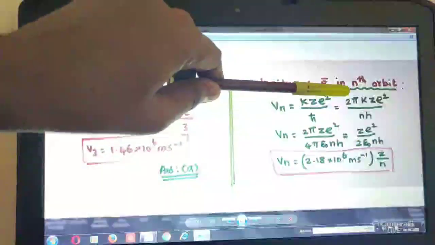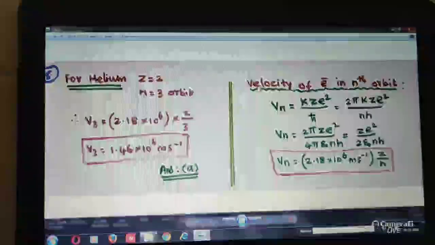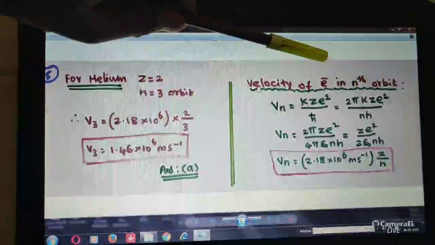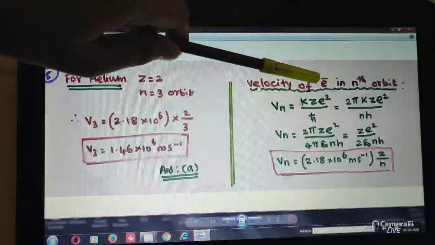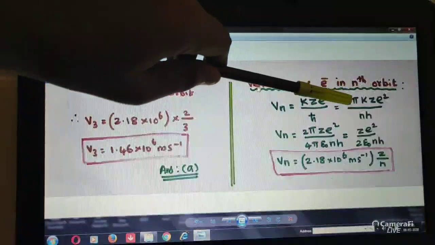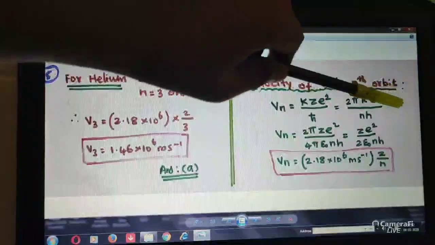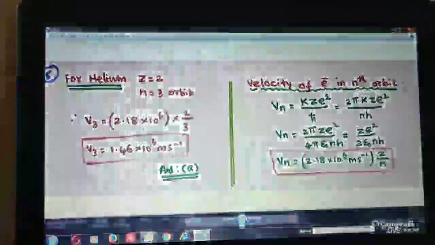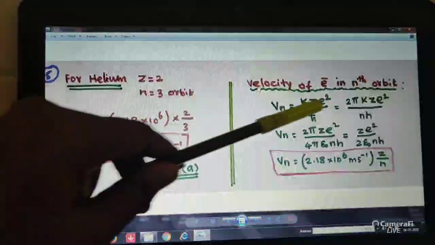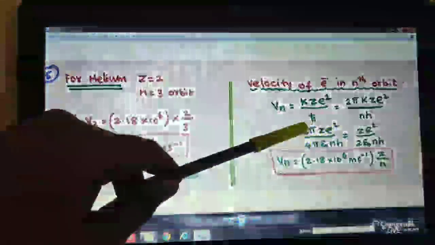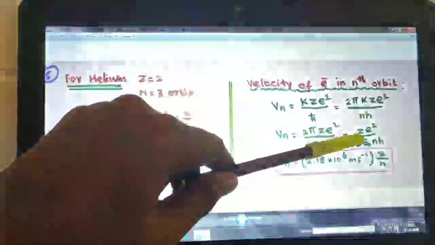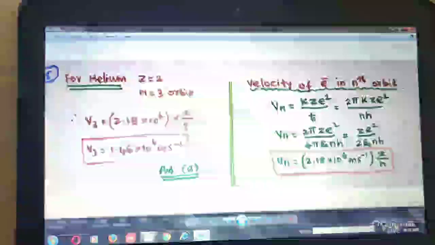So 2 pi moves to the numerator. So we can write 2 pi k Z e squared whole divided by nh. Okay, the k value you know is 1 by 4 pi epsilon naught. So after applying, we get Z e squared divided by 2 epsilon naught nh.